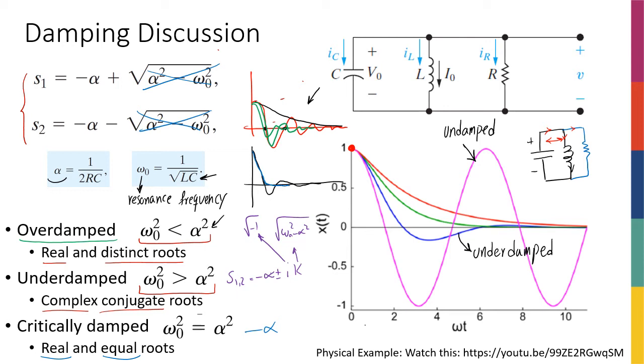It just dies down in the first cycle. We're going to call that a critically damped situation, where omega naught and alpha become equal to each other, right? And so the green curve here is critically damped, and the red curve is overdamped.